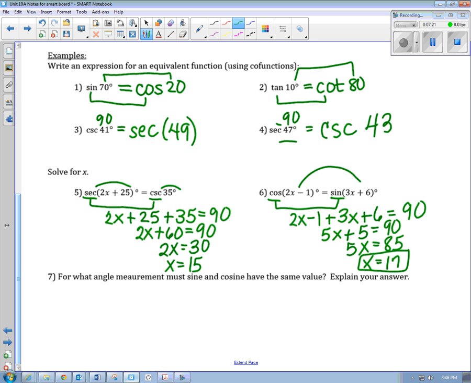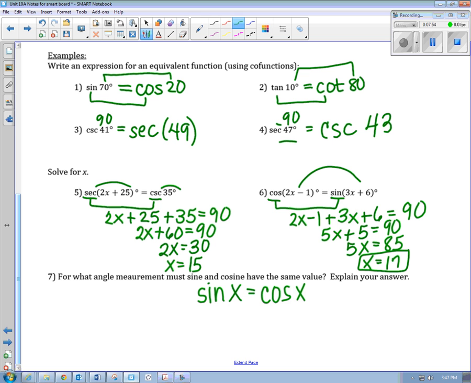For question 7, they're again talking about the cosine and sine, and they want to know what angle measure will make sine and cosine have the same value. So there's one angle measure where if you take the sine of it, it's equal to the cosine of it. So in this case, I am technically saying that the sine of some angle, I'll call it x, could be theta, has to be equal to the cosine of the same angle.